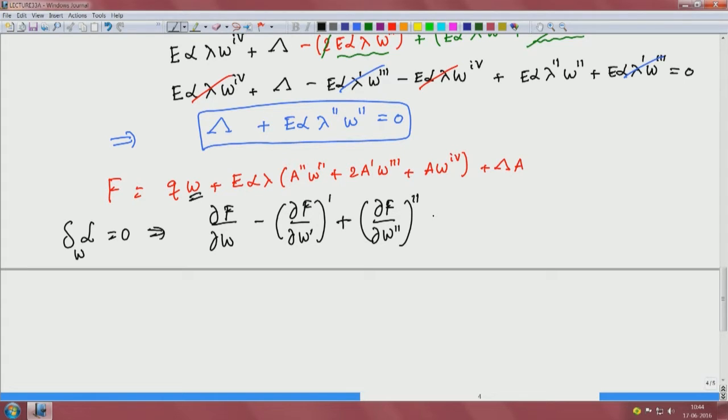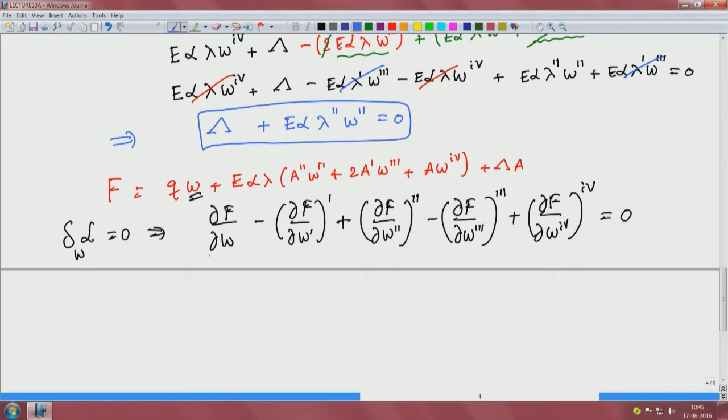We also have triple prime and fourth prime. So, it is a very good exercise for calculus of variations problems. Triple prime, plus dou f by dou fourth derivative, and we have to take 4 derivatives there, that should be equal to 0.